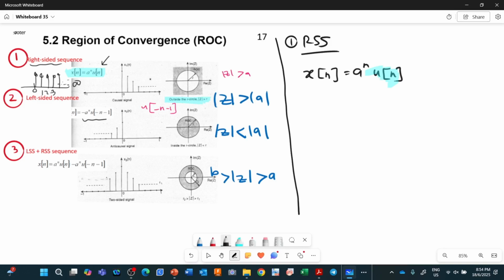So when you plot u[n], what do you get? The signal. You have it in terms of 0, -1, -2, 1, 2, 3, right? So signal u[n] is a step signal. This one is 0, 0, 1, 1, 1 until plus infinity. Okay, so right-sided sequence means that the signal starts from 0 and goes to positive infinity.